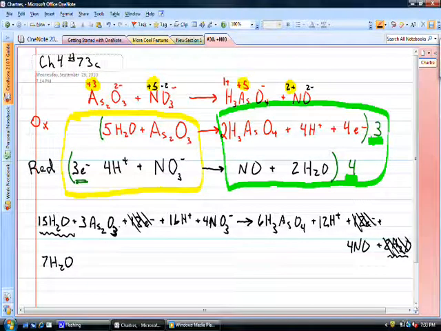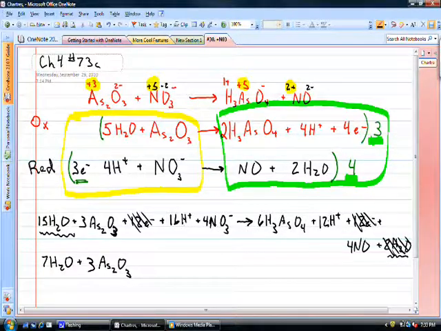The As2O3, none of those cancel. So we have 3 As2O3. Let's look at the hydrogen. We have 16 hydrogen right here and 12 hydrogen here. So we're going to get rid of 12 of those hydrogen from both sides. That leaves us with 4 hydrogen ions.